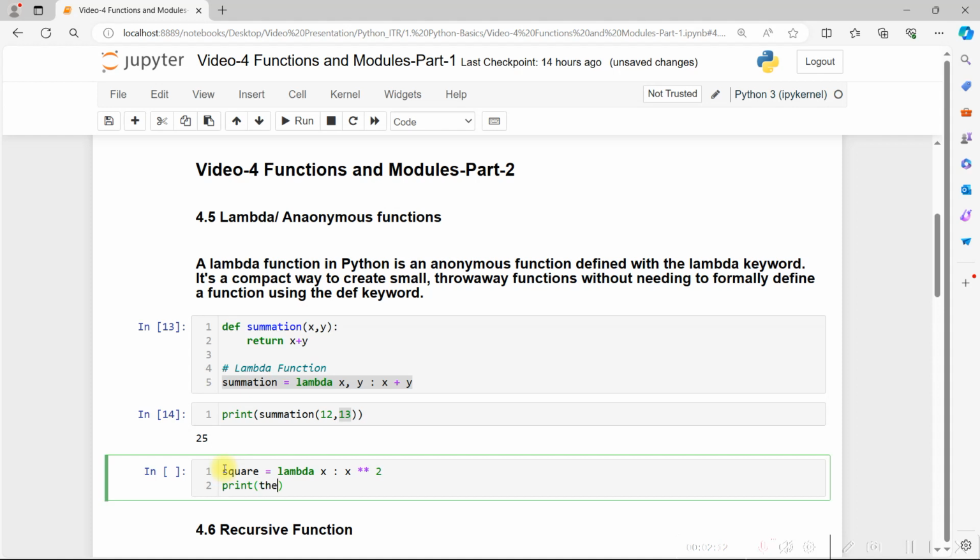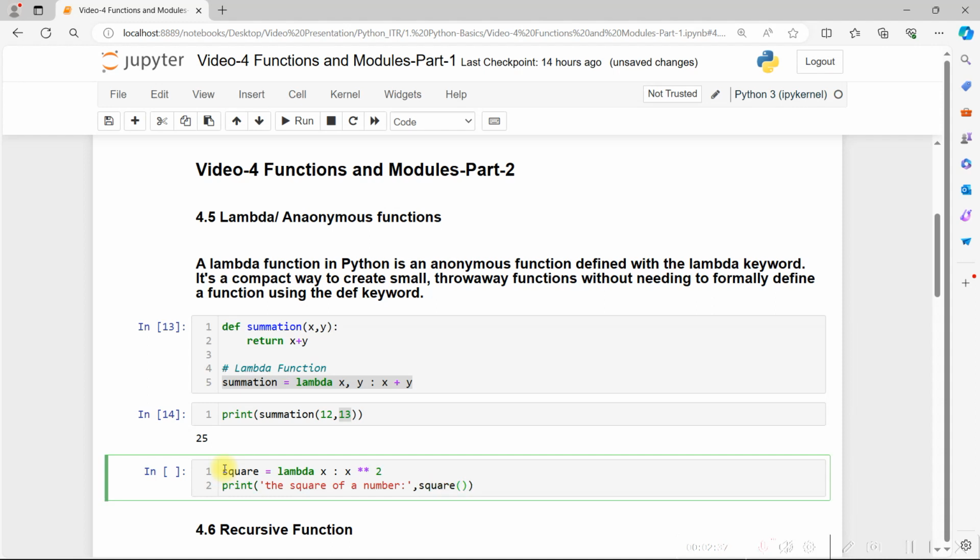The square of a number, we will put it into inverted commas, and comma square in brackets.